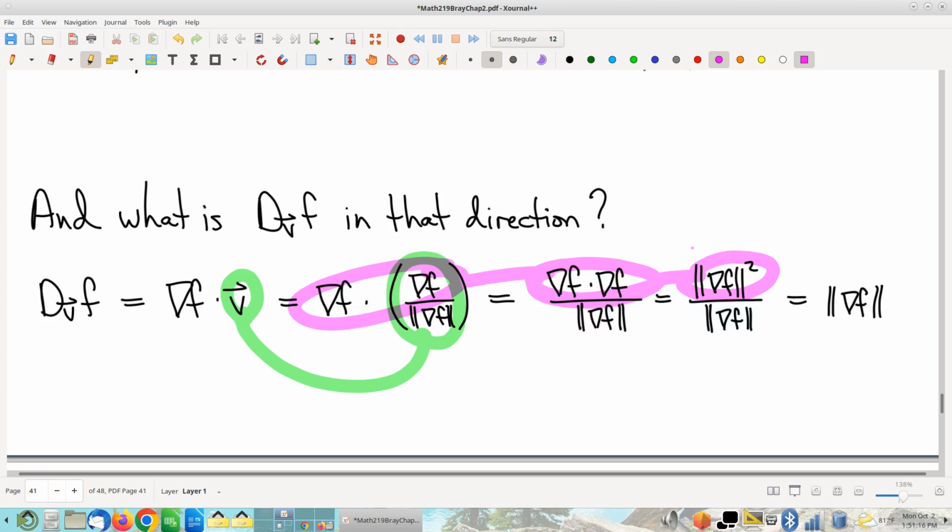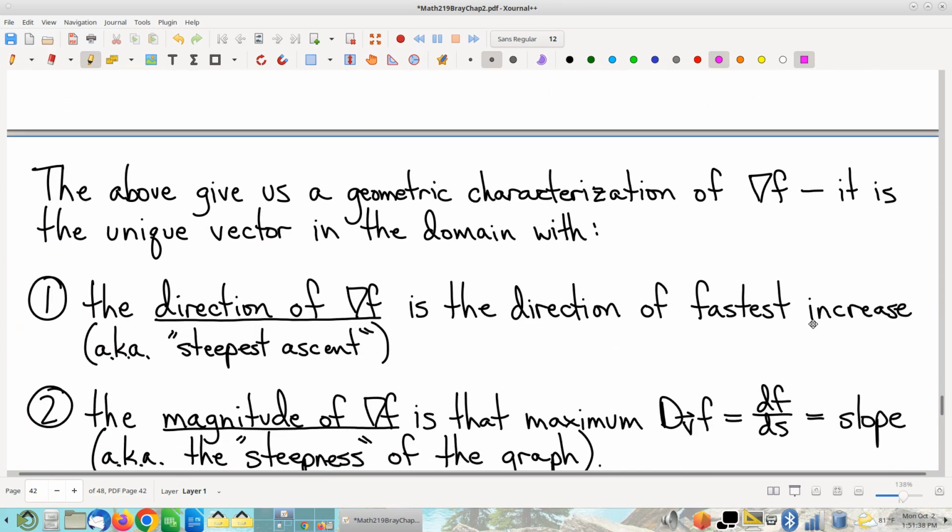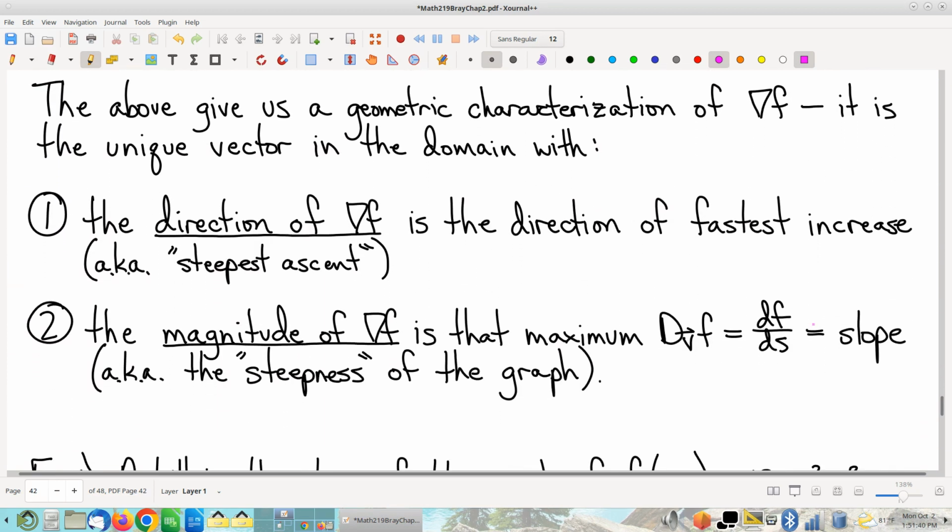So what we have then is another natural question with a crisp answer, namely df/ds in the optimal direction is the magnitude of the gradient vector. Nice and crisp and simple. So this gives me what I need to make what I call a purely geometric characterization of the gradient vector.